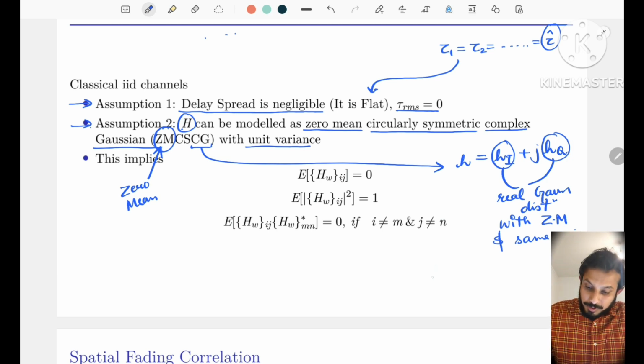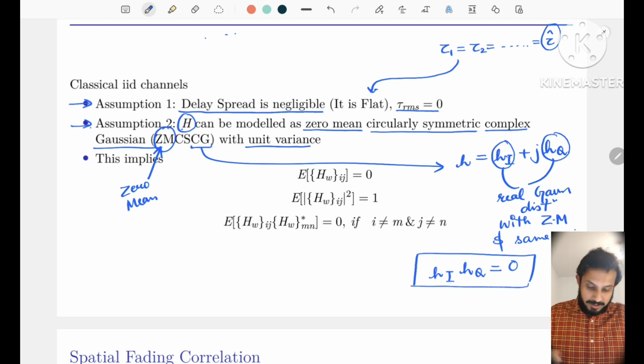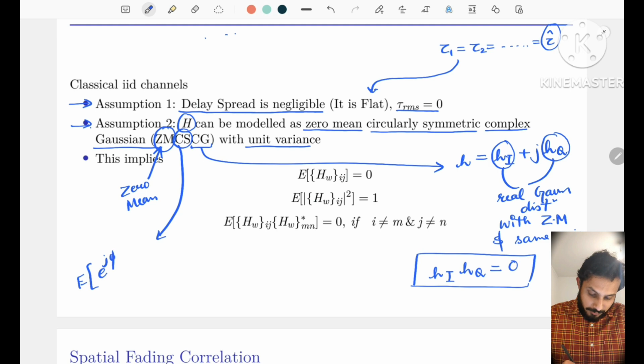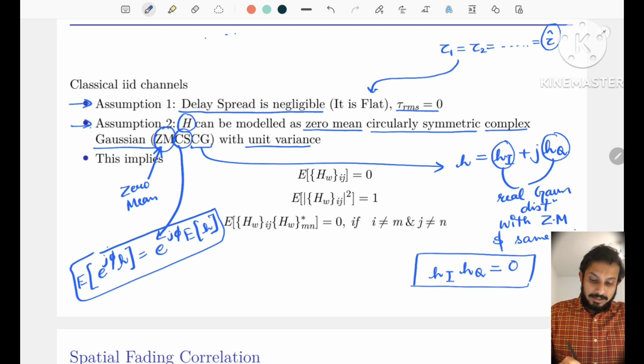And also this HI and HQ are independent. Why? Because in the previous video we have seen that when we take the cross correlation of HI with HQ, it comes out equal to 0. That means HI and HQ are independent. Now, circularly symmetric: if it follows the property that the expectation of e to the j phi times H is equal to e to the j phi times the expectation of H, then we say that it is circularly symmetric.